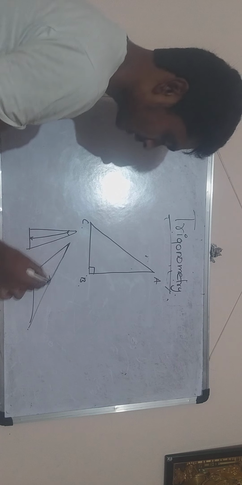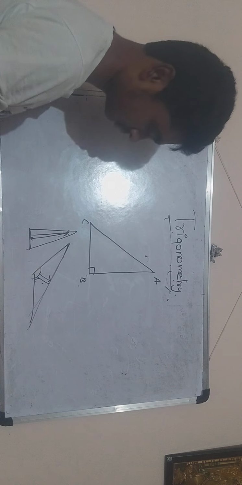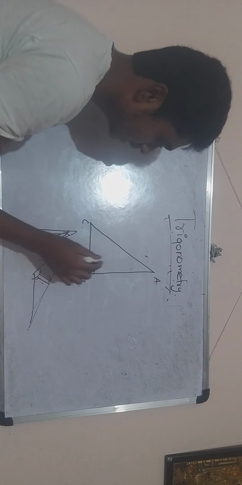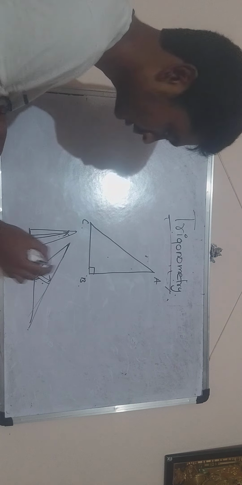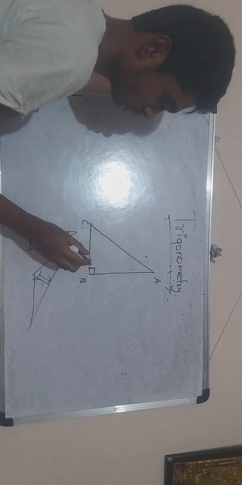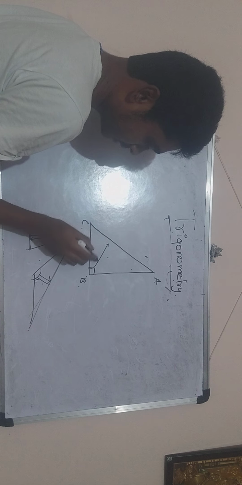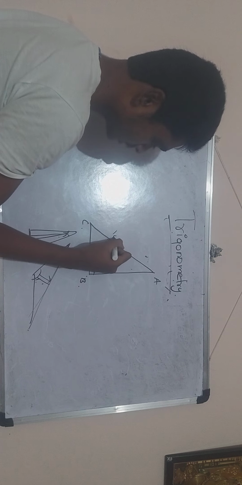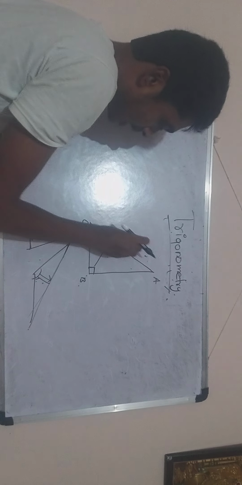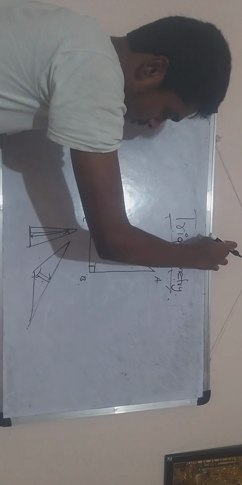Similarly, the larger side faces the larger angle, and the smaller side faces the smaller angle. These are properties of any triangle. In a right angle triangle, the 90 degrees angle is the largest angle, so the side opposite it is the longest side, and this longest side is called the hypotenuse.